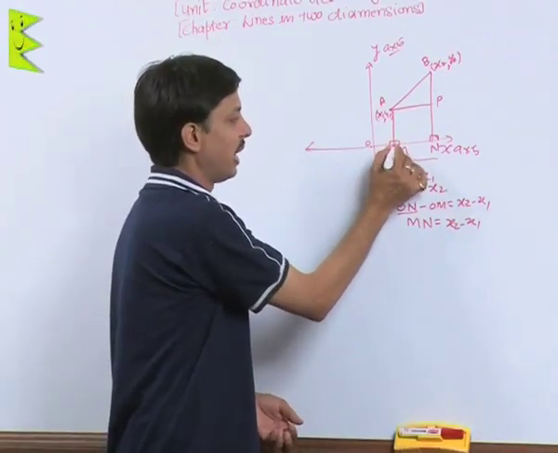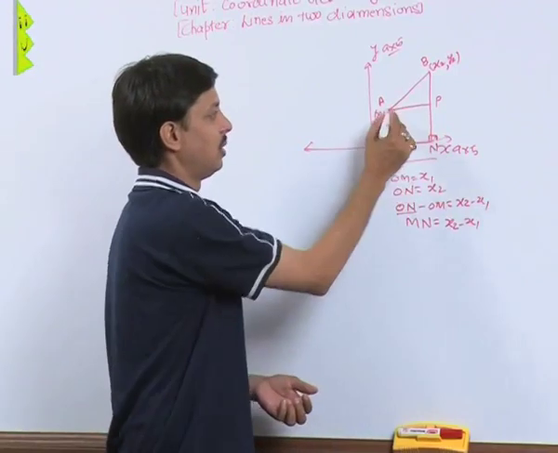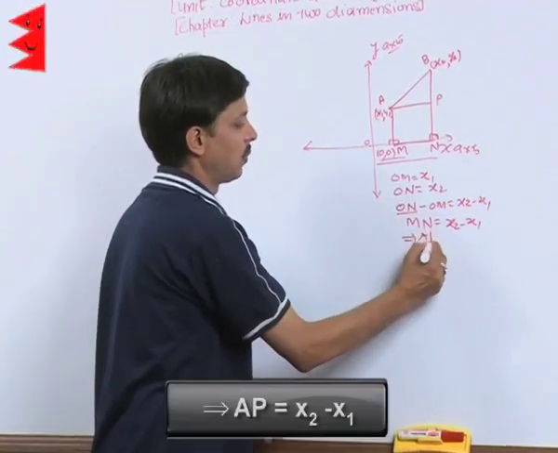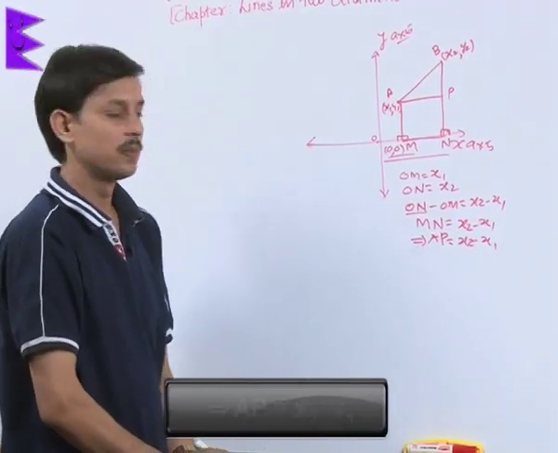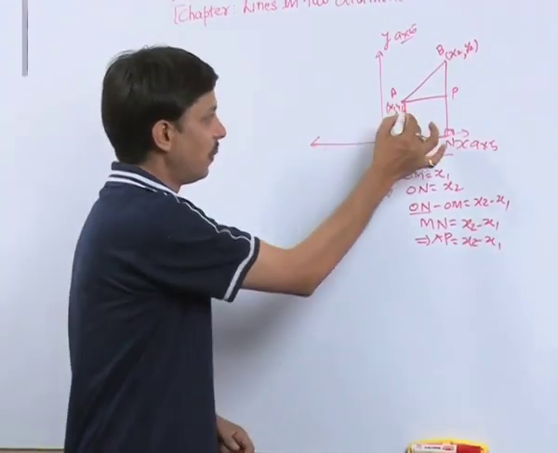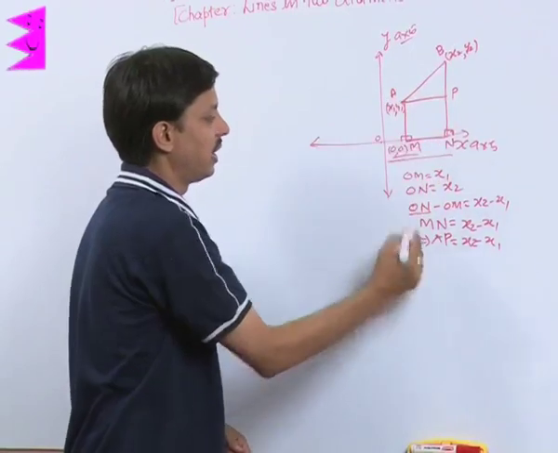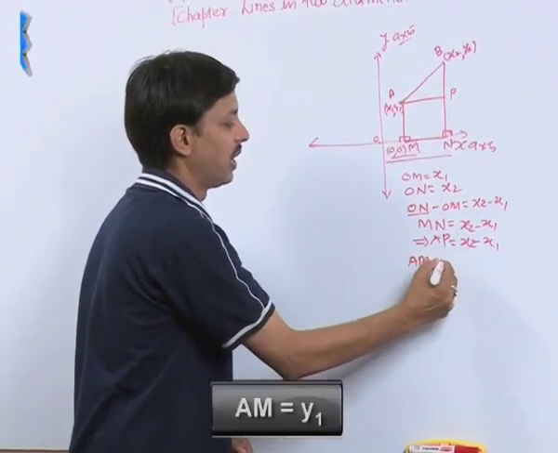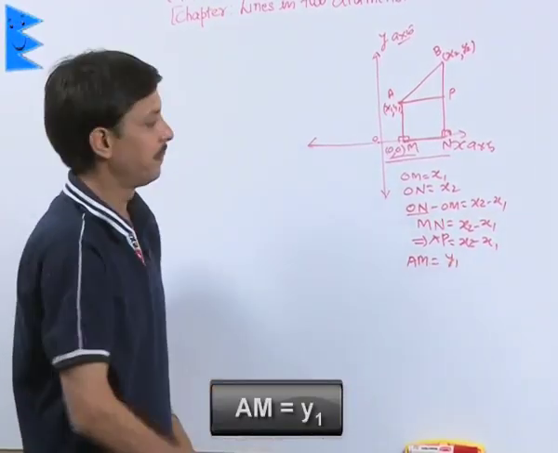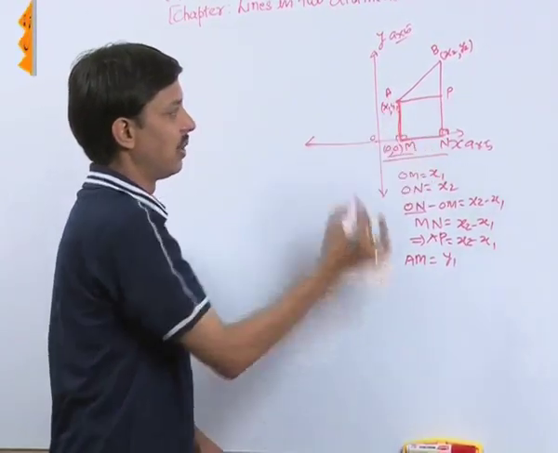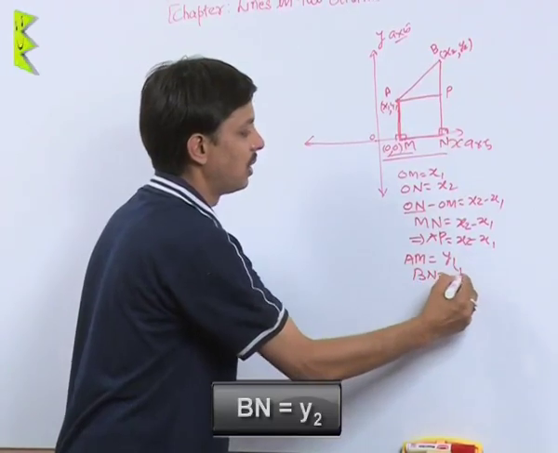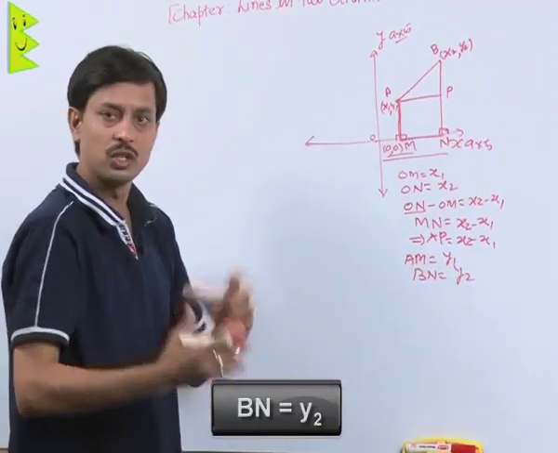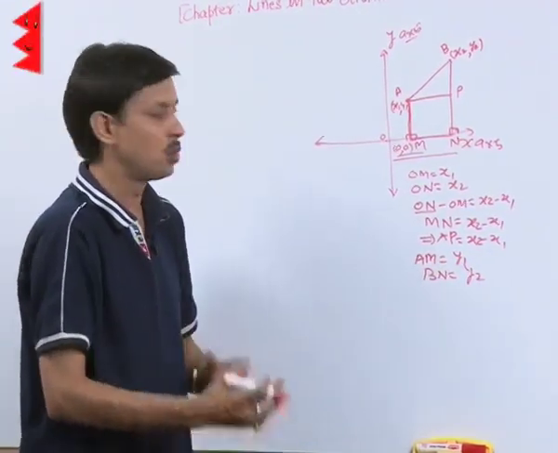Similarly, we can say x2 minus x1 is MN, so this implies the answer of AP is also x2 minus x1. Now, if we need the height AM, AM is how much? y1. This AM is y1 and this BN, the distance BN, is y2 as per the coordinates x1, y1 and x2, y2.